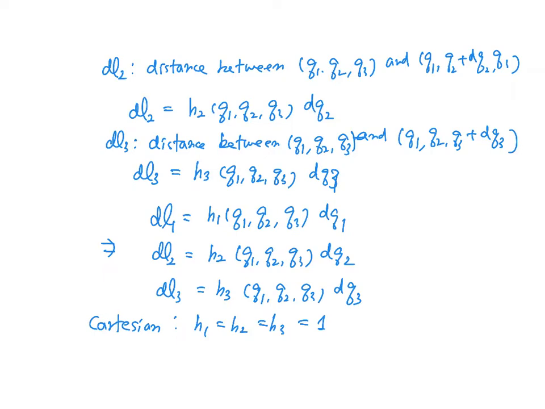On the other hand, the cylindrical coordinate is rho, phi, z. So h1 is 1, h2 is rho, h3 is 1.